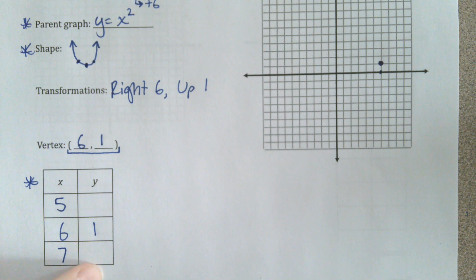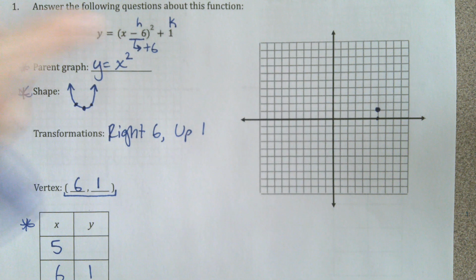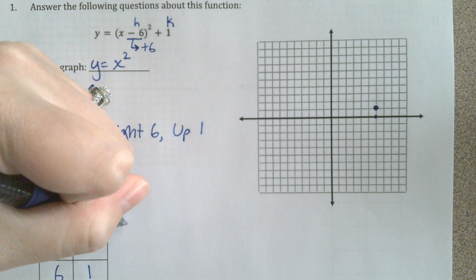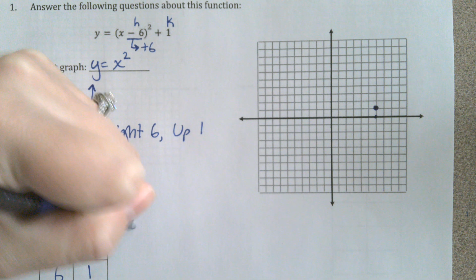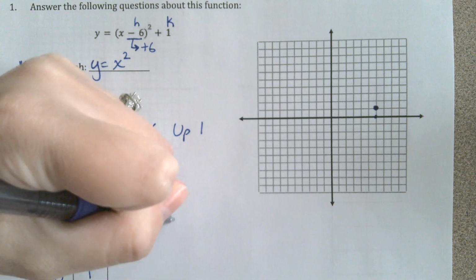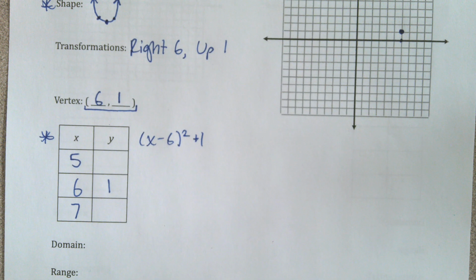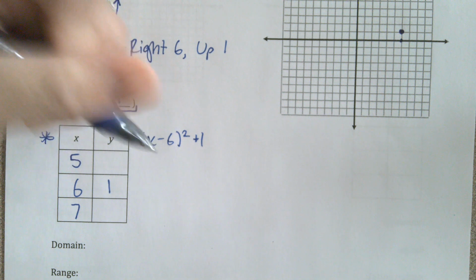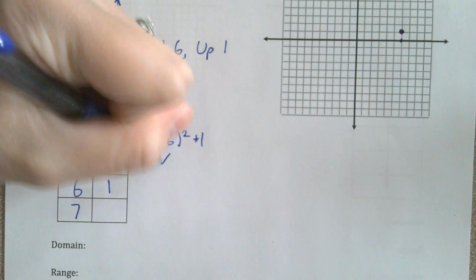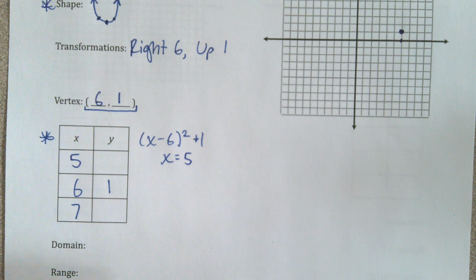To get the y values, I need to plug it back into our given equation here. So our equation is (x minus 6) squared plus 1. Now we just plug it in. So for 5, and I'm going to organize my work this way so I can just carry my work down. I see a lot of students like to work that way instead of across.